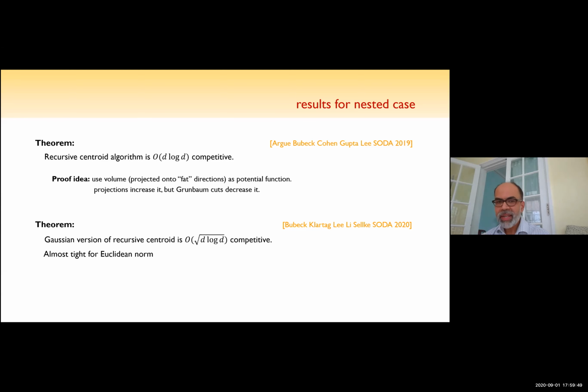It's a very clever idea that they use Gaussian volume instead of regular volume to show that it dampens the movement a little bit, and you actually get square root d log d competitive, which is within square root of log d of the correct answer. You remember the square root d lower bound earlier? So this is within log factors of the square root d. So for the nested version of the problem, it really nails it.